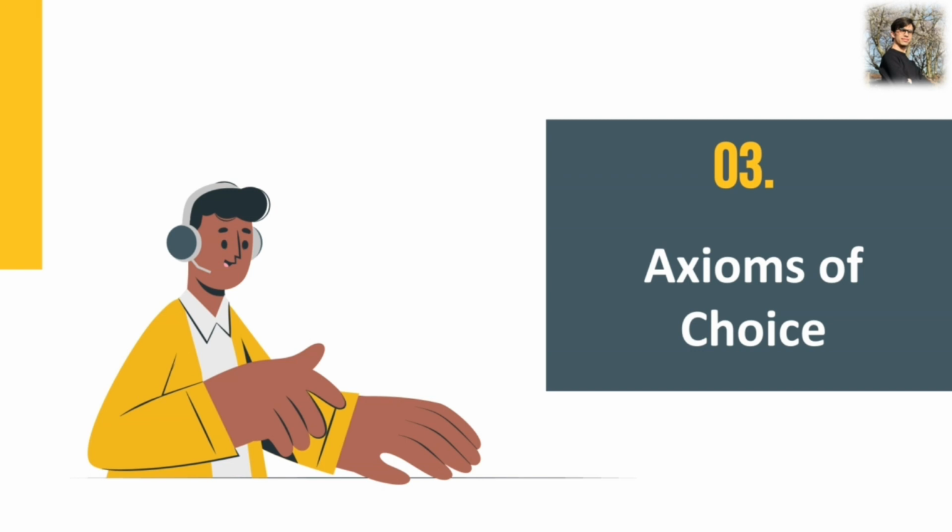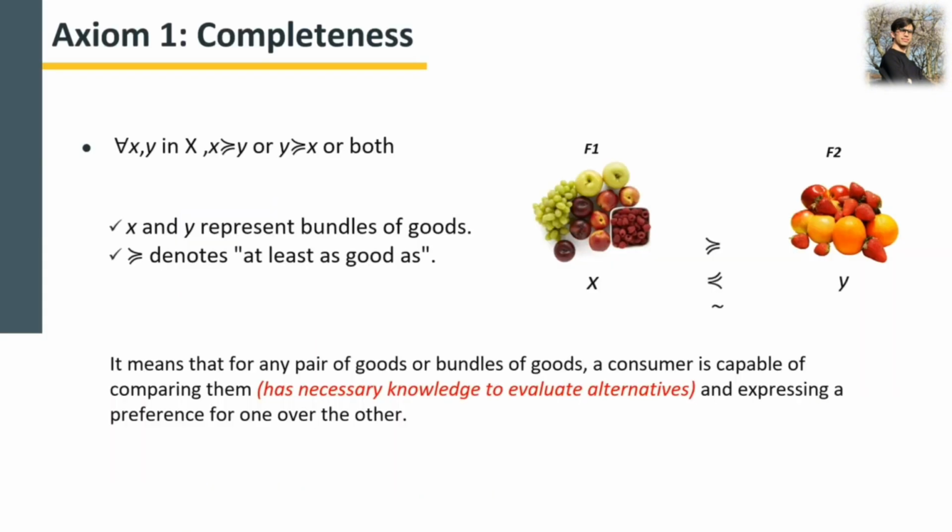So the third part in this video series is the axioms of choice, and the first axiom of choice is completeness. What completeness says is that for any two bundles of goods, X and Y, in consumption set X, either X is at least as good as Y, or Y is at least as good as X, or both.